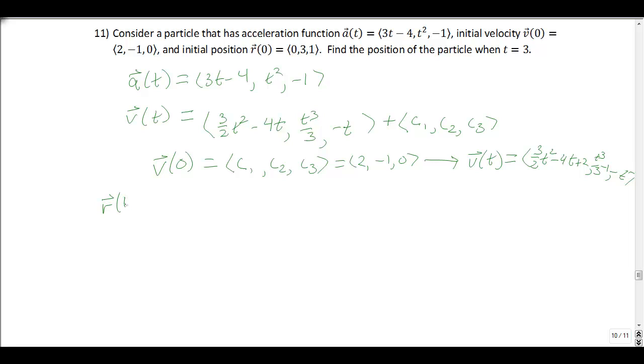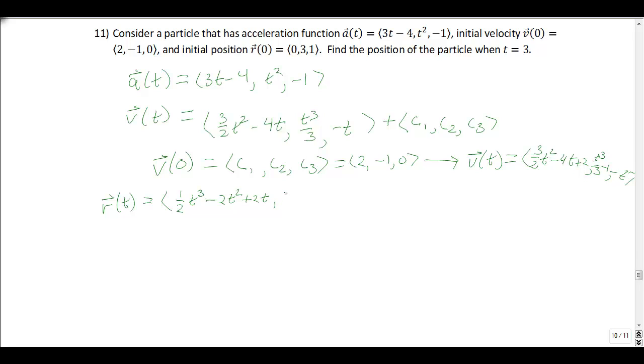Now our position then will be the antiderivative of velocity, so we just need to integrate these component-wise. T squared will be t cubed over 3, so we get a 1/2 t cubed minus t squared over 2 is the antiderivative of t, so we'll get a minus 2t squared plus 2t.